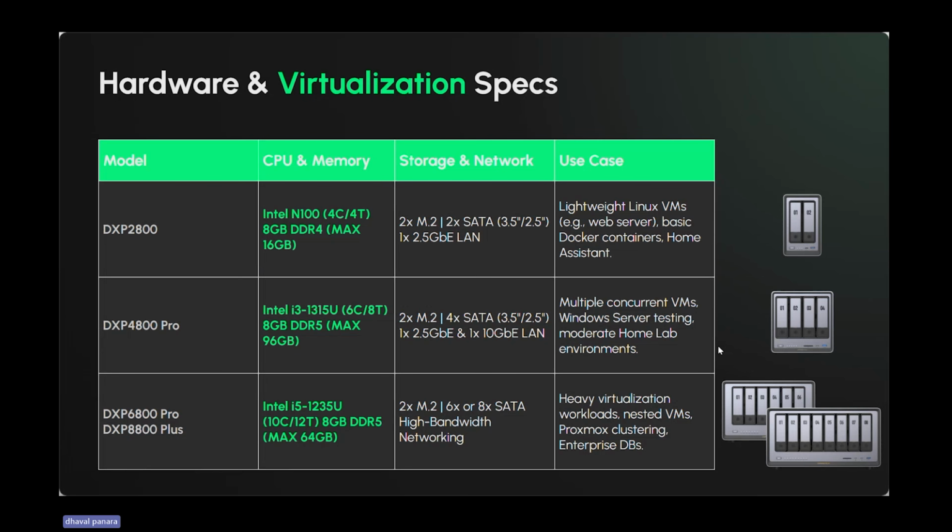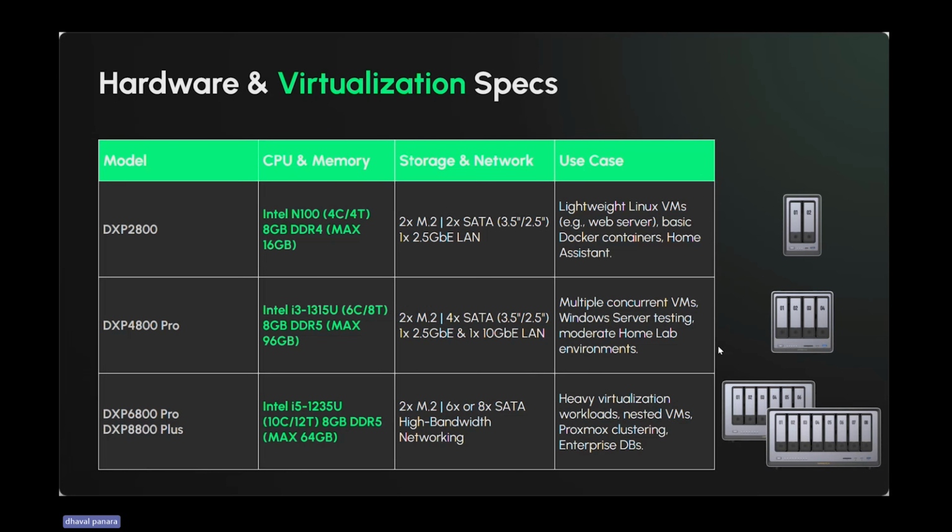Actually, that's a maximum of 16 gigs of DDR5, so extremely fast RAM as well. Two M.2 slots, so you can still run VMs on SSDs, and two HDD slots with one 2.5 gig LAN port. So again, it's not basic hardware, it has everything you need to run a good virtual machine.